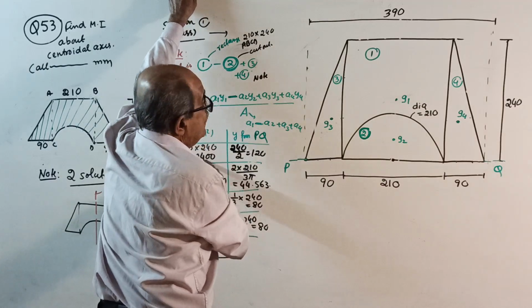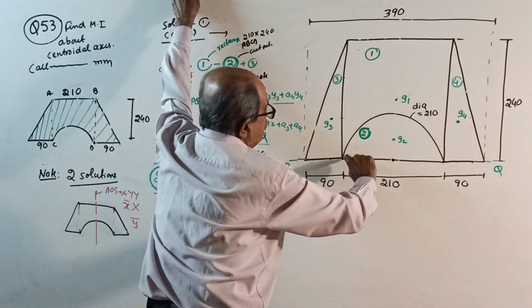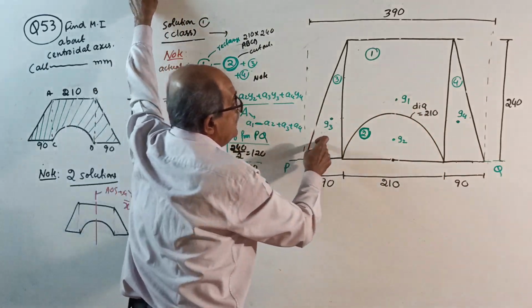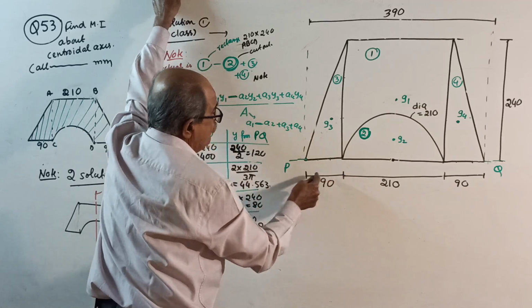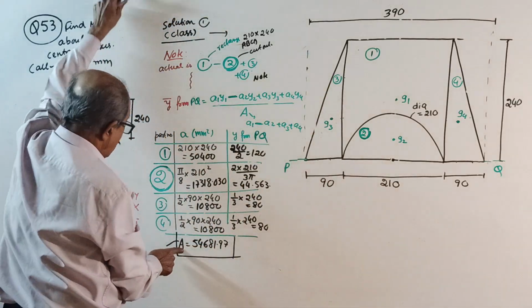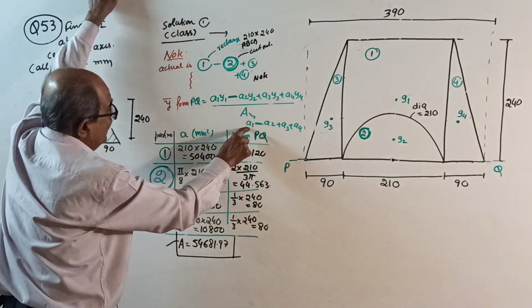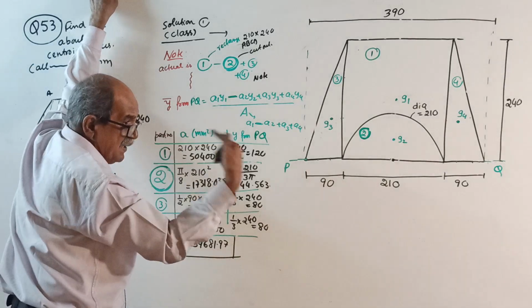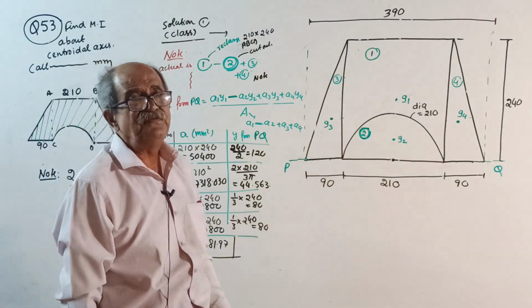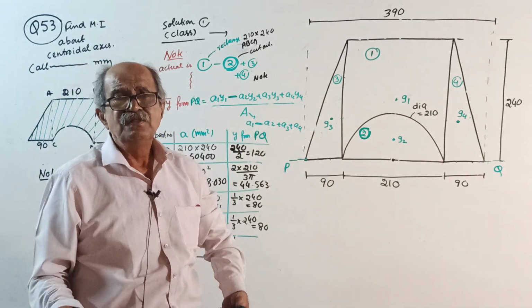A2 is 5 by 8 of 210 square. A3 and A4 both are half into 90 into 240. For total area, A1 minus A2 plus A3 plus A4. If you do not do all these things correctly, you are not serious.